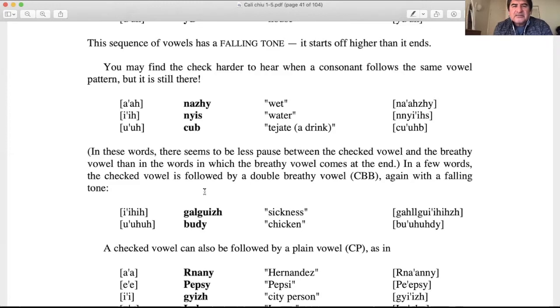If you notice, in "nash" the N is not as long as the N in "yes." My N's are a little bit longer on the second word. If you listen carefully, it's nash, and water is yes. You don't have to worry right now if you hear it or not.